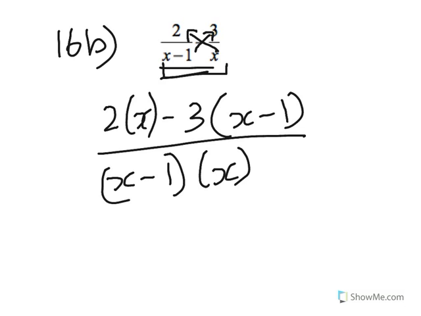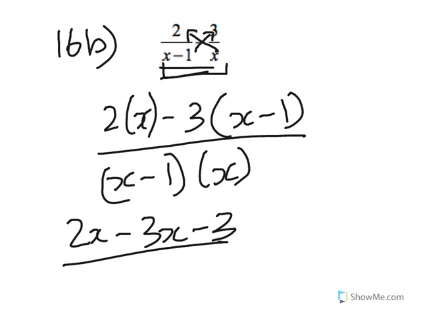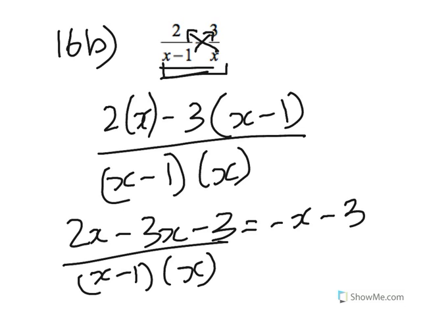Okay, so we'll just solve the top for now. So you get 2x minus 3x minus 3 over x minus 1 times x. So this becomes minus x minus 3 over, now we'll expand this bottom, we get x squared minus x.